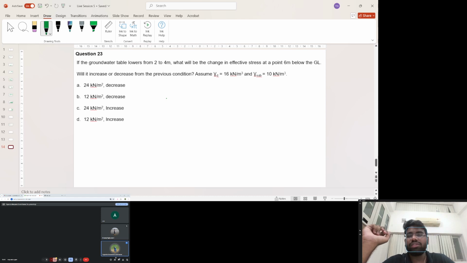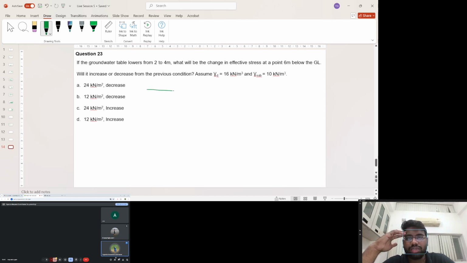Will it increase or decrease from the previous condition?